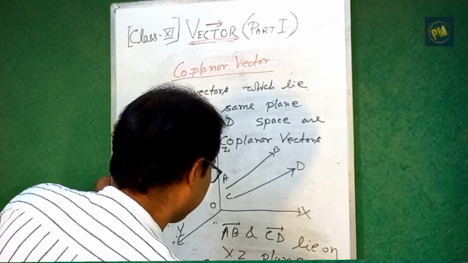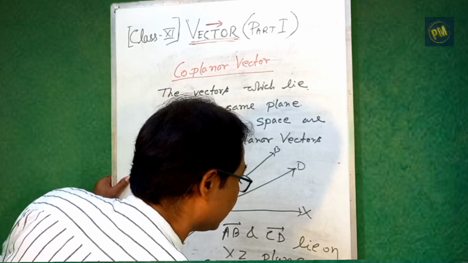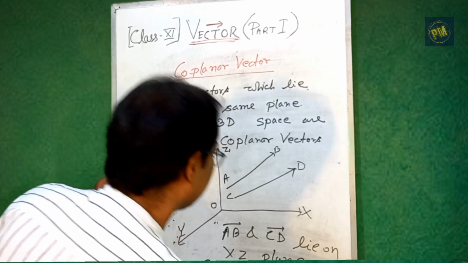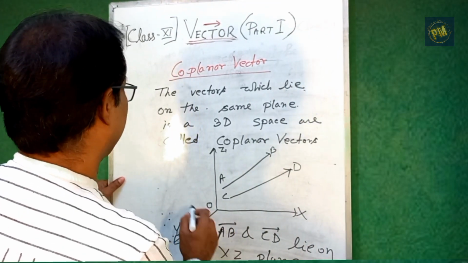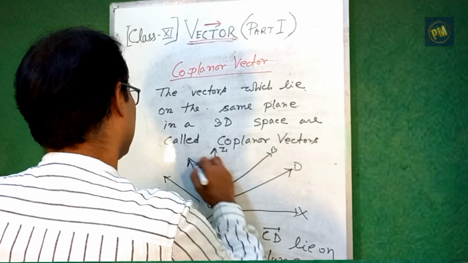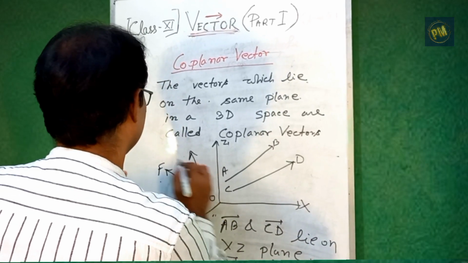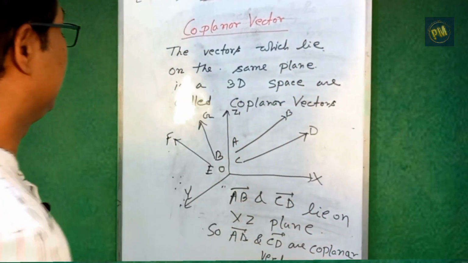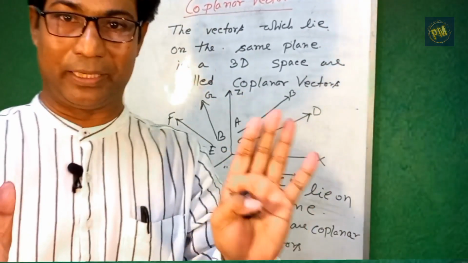So, AB and CD are coplanar vectors. Similarly, we can take another two vectors EF and BG which lie on the YZ plane, then EF and BG are also coplanar vectors.